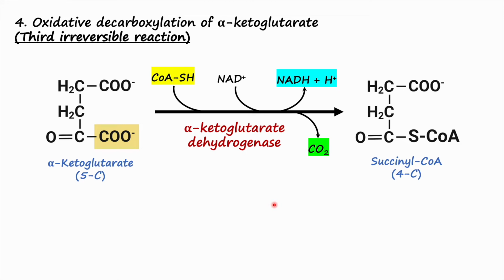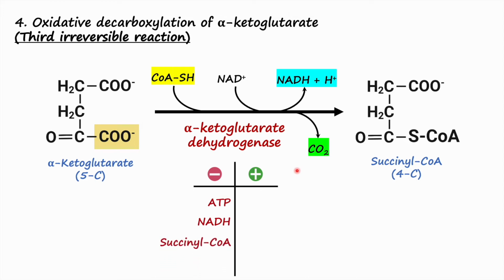Now, since this is also a third irreversible reaction, the enzyme alpha-ketoglutarate dehydrogenase is also regulated by different conditions. First, again, an increase in cellular ATP content and an increase in NADH can allosterically inhibit alpha-ketoglutarate dehydrogenase enzyme, and the product succinyl coenzyme A itself can also inhibit it.